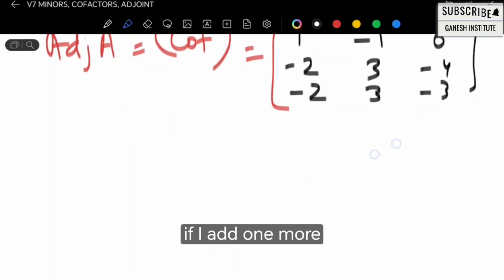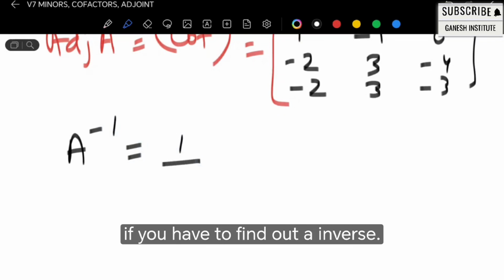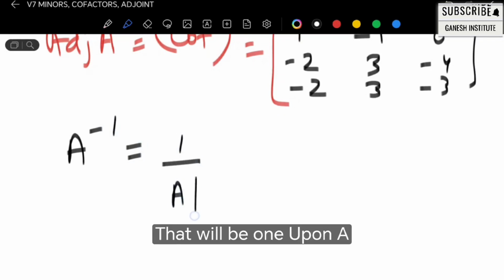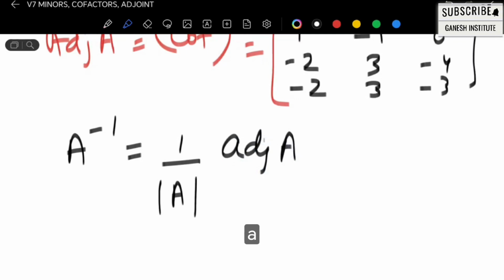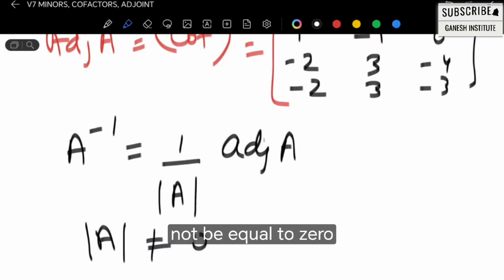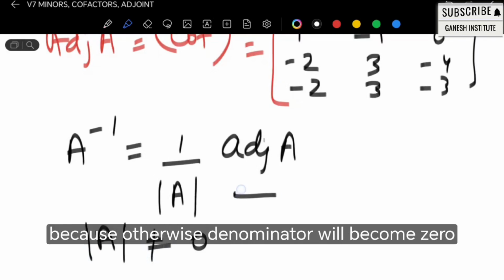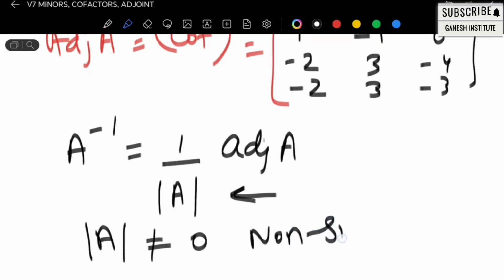Now, if I add one more concept into it, that is the inverse. If you have to find A inverse, that will be 1 upon determinant of A times adjoint A. And remember, the determinant should not be equal to 0 because otherwise the denominator will become 0. That means we need a non-singular matrix for it.